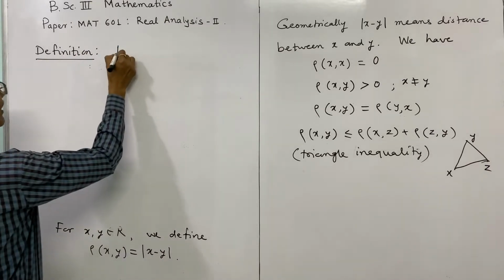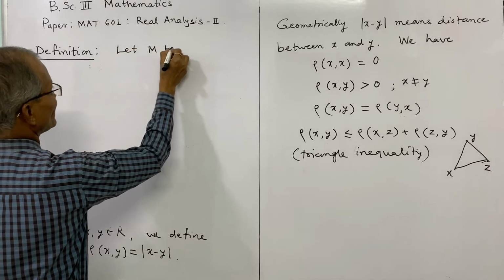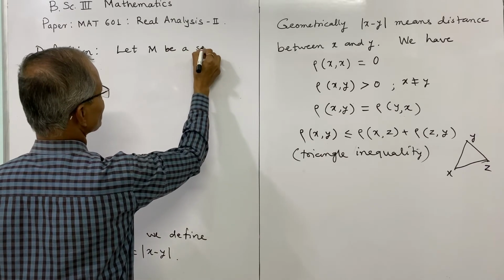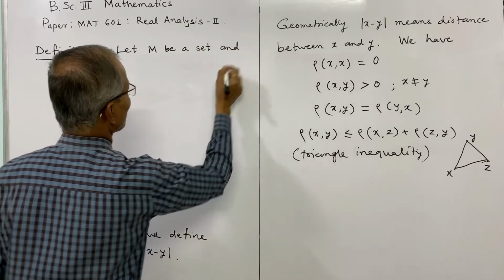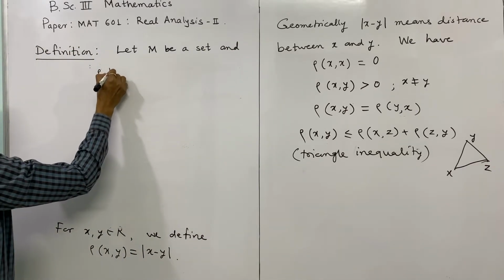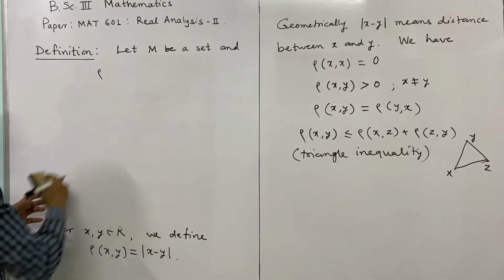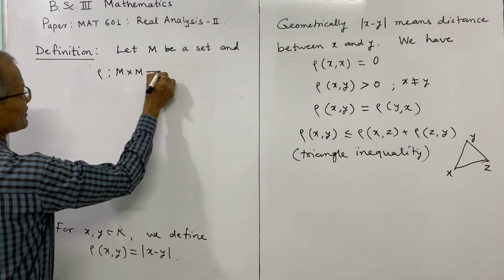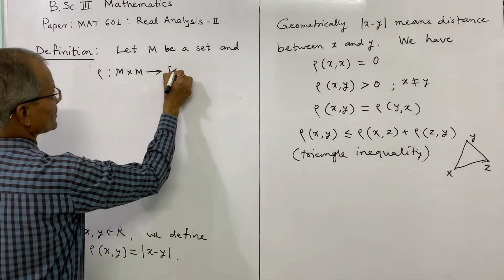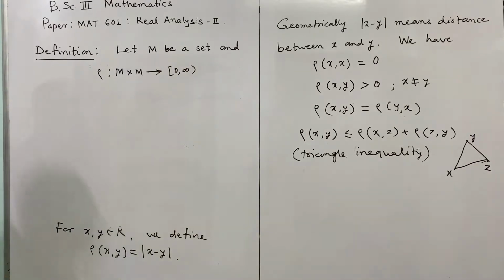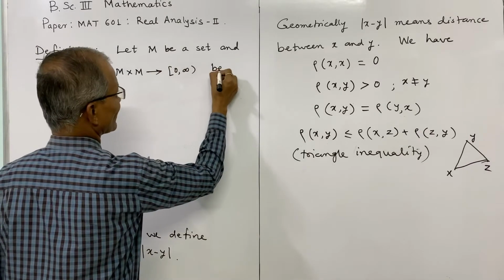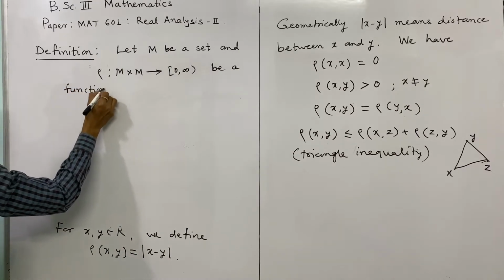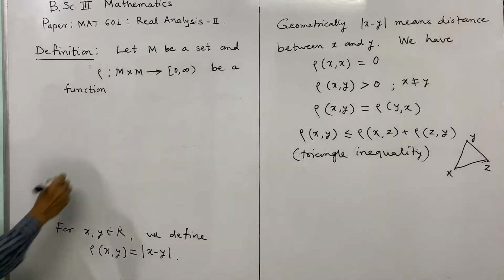Let M be a set and rho be a function defined from M cross M to the range 0 to infinity, which satisfies the following properties.